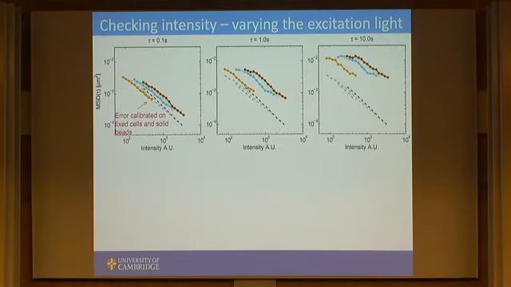One thing we did was convince ourselves that this was really an effect of the number of GFPs, and not an effect of precision, say a big dot being measured better than a dim dot. We did that by taking videos of the same cells with different amounts of incident light, which gave different amounts of emitted light because the two are proportional, and checking that we could rescale everything.